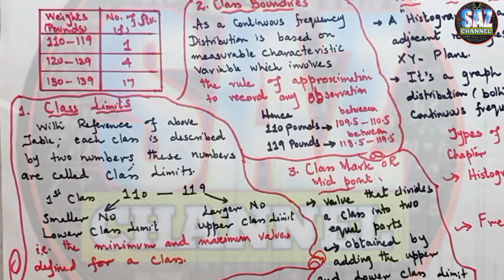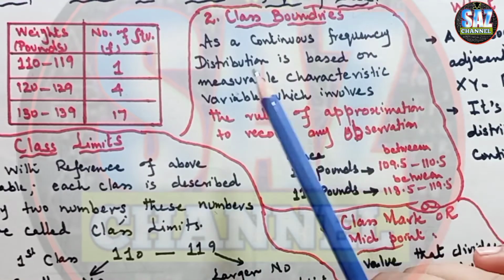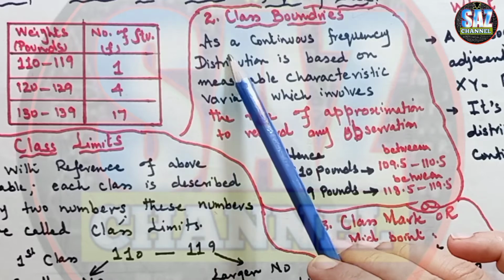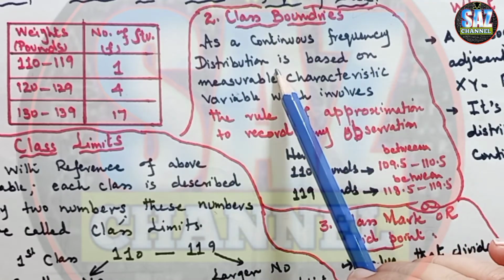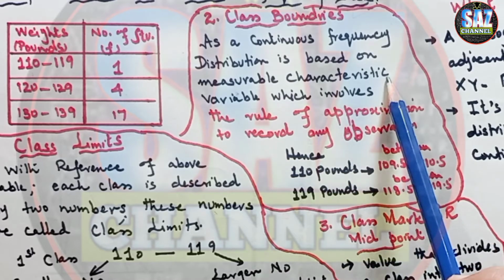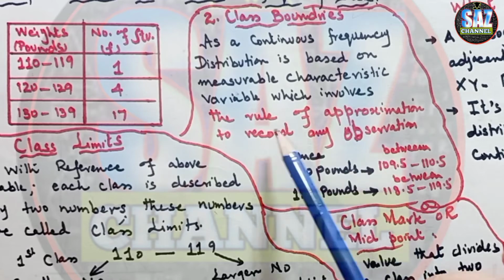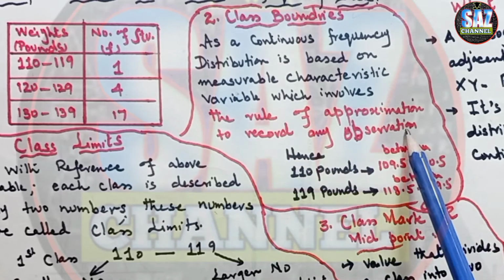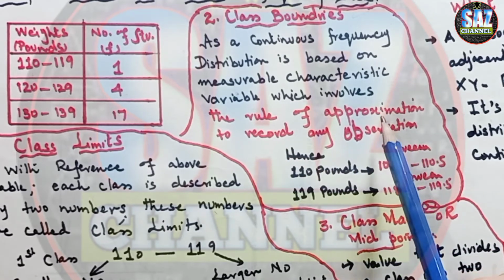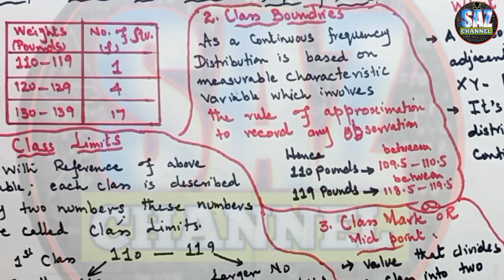Okay, and then coming to the second important concept, the class boundaries. As we know, the continuous frequency distribution is based on the measurable characteristics of the variable, which involves the rule of approximation to record any observation. Continuous frequency distribution involves the approximation of the values.